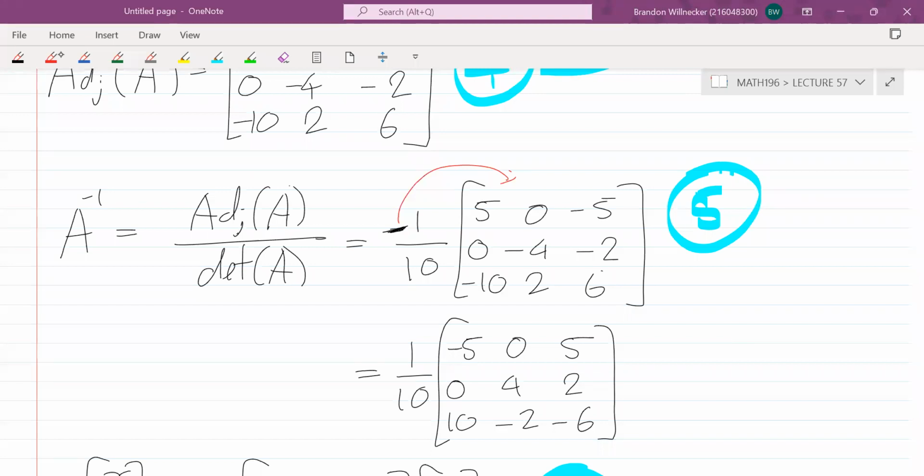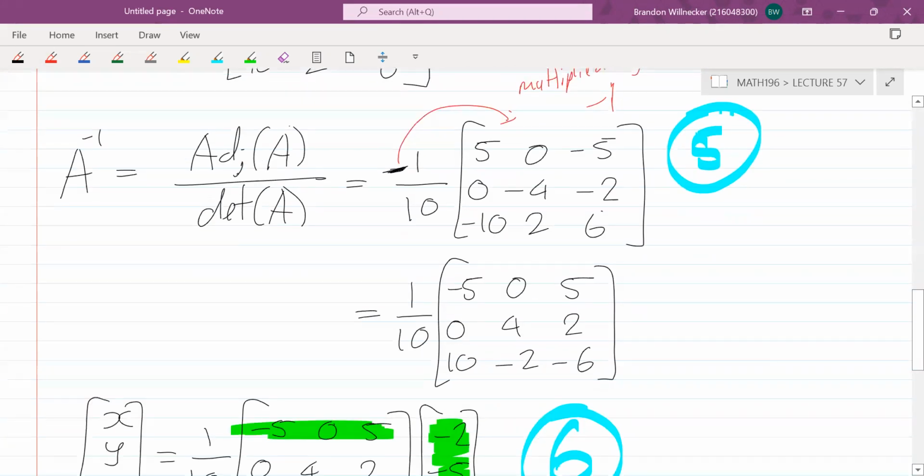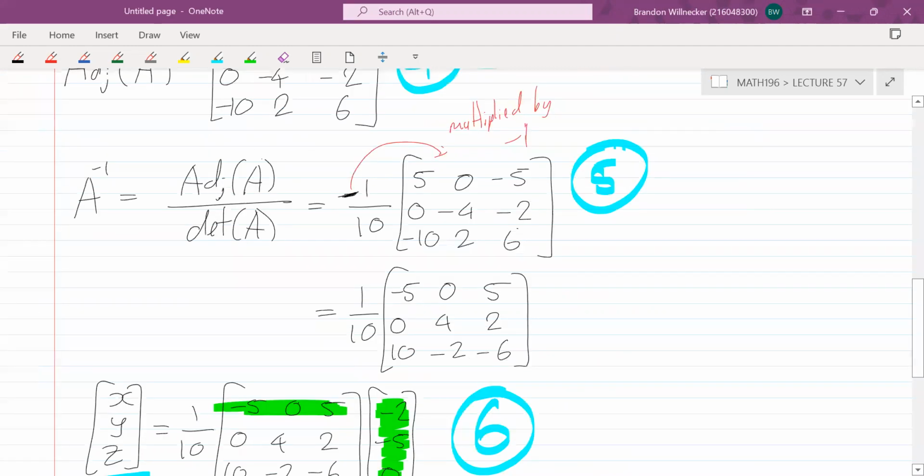So let's just make a little note: multiplied by -1. Okay, sure. Yeah, so I always try to get rid of the minus signs to avoid any sign mistakes later on. But you can do whatever you want there.